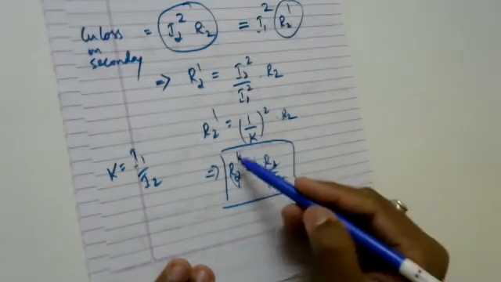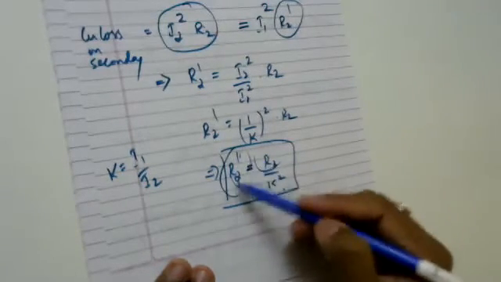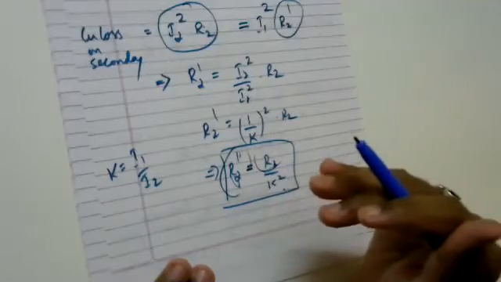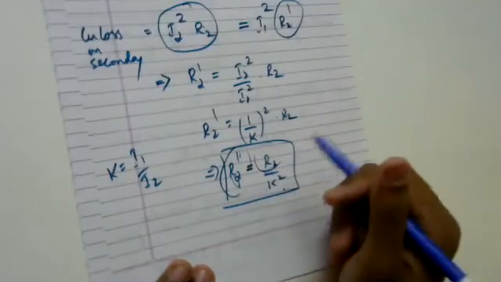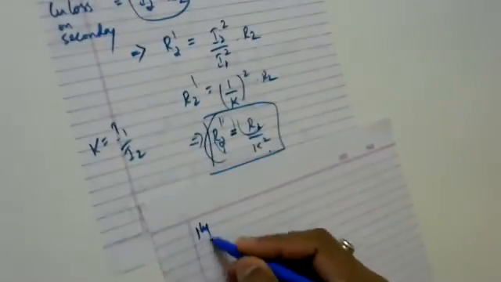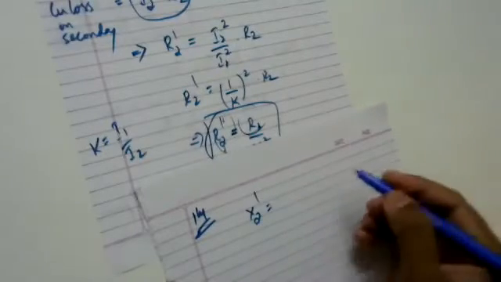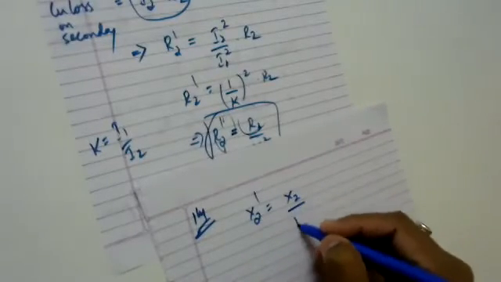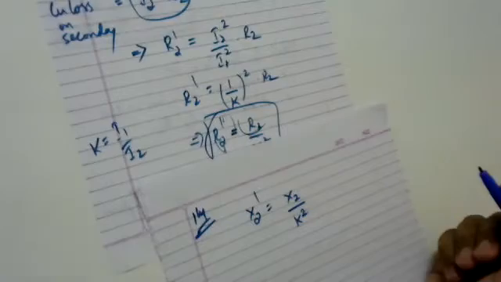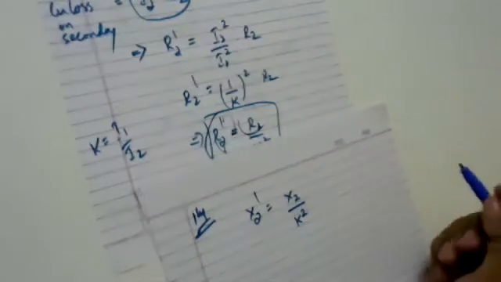It means your R2 dash performs as R2 performs on your secondary side. Similarly, if I want to compute my X2 dash, I can say X2 dash will be equal to X2 divided by K square.